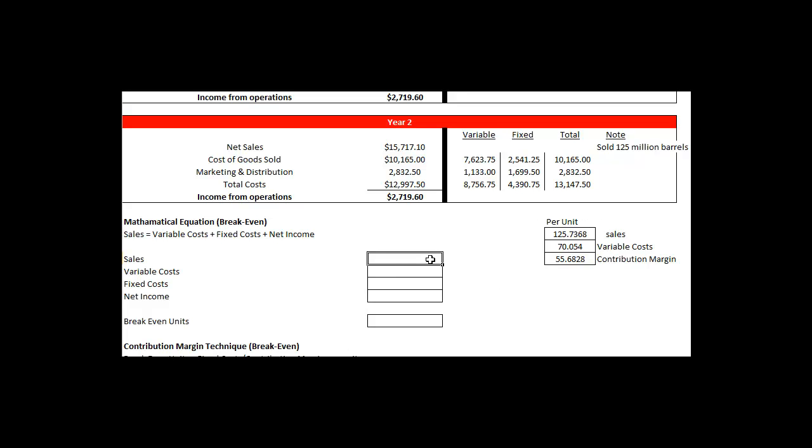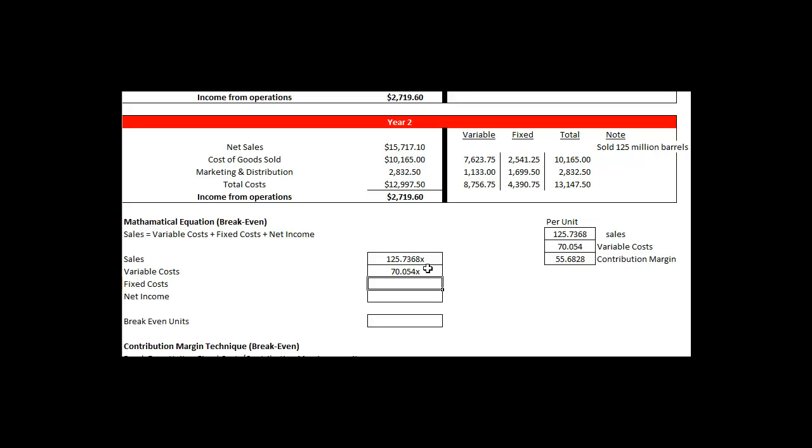If I plug it in to figure out the equation here for break even, my total sales equal my total cost. It's going to be a new break even because my costs went up. So I have to sell more to break even because I increased my fixed costs. So my sales are going to be 125.7368x as they were in the first problem. My variable costs are going to be 70.054x as they were before.